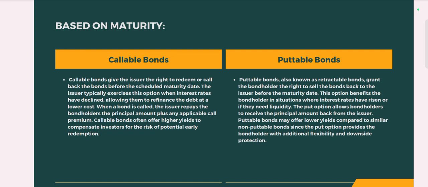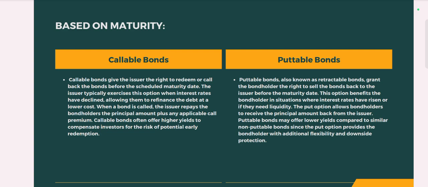Puttable bonds, also known as retractable bonds, grant the bondholder the right to sell the bond back to the issuer before the maturity date. This option benefits the bondholder in situations where interest rates have risen or if they need liquidity.